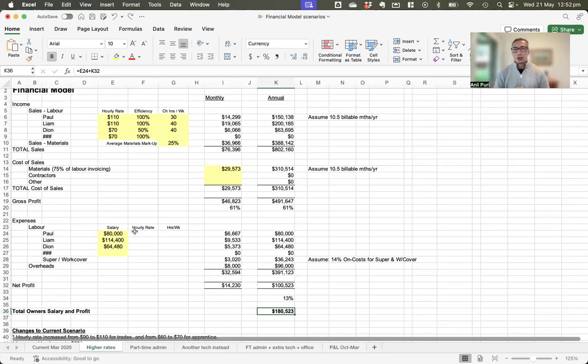So, question for you, once again, has anyone done this type of thing for their business, looked at different scenarios, or built a model where you can tweak different inputs, whether it's your pricing, whether it's your productivity, whatever is important in your business?